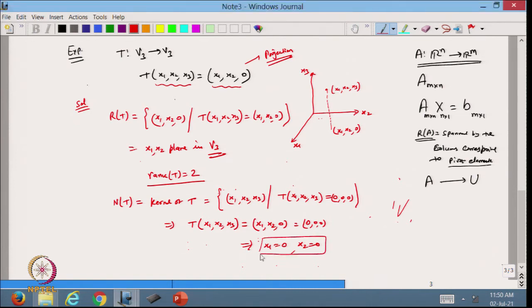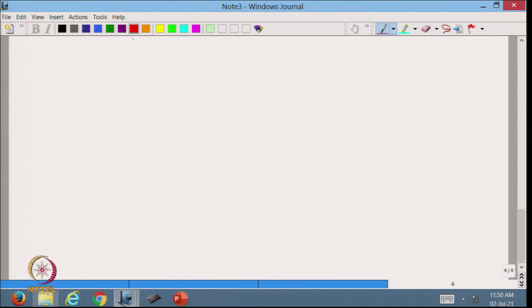So, from here I can define my kernel of T as the set of all elements (0, 0, x3), such that T of (0, 0, x3) is (0, 0, 0). It means the kernel is made up of this element.